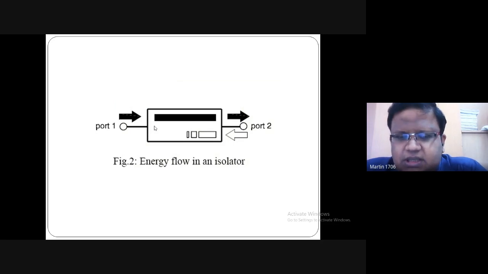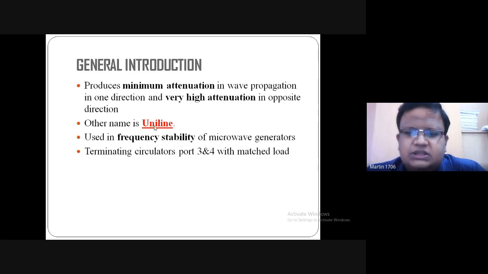At one port, the black color indicates that it will allow the signal, whereas the white arrow mark denotes that there are many filters. You can see one big filter, a moderate-size one, and another very small one. It does not allow the signal in the other direction. This blocker will not allow the signal in the opposite direction. The isolator is only a unidirectional device.